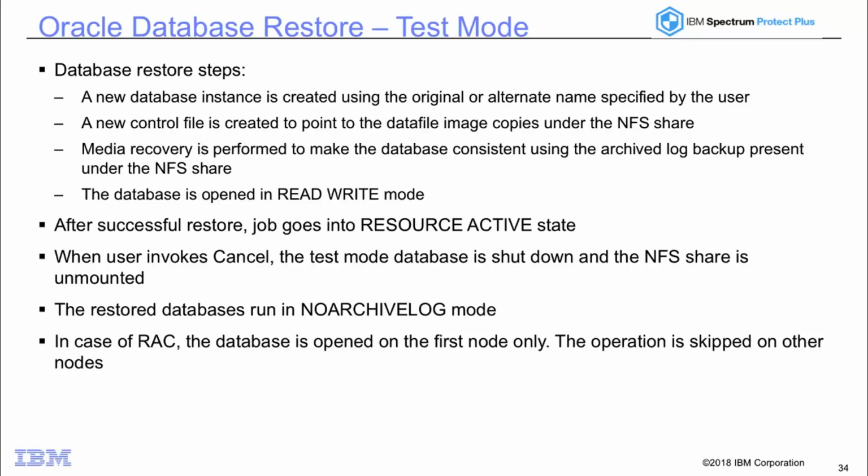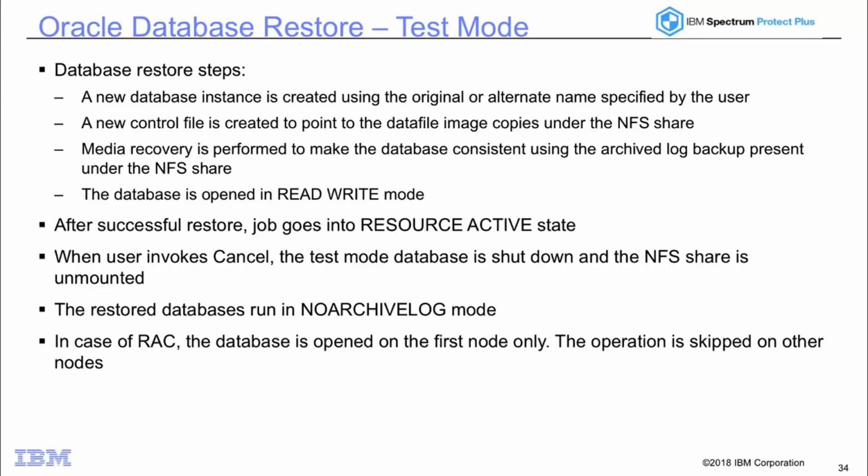So some details on the two modes of restoration. First, Oracle Database Restore in test mode. In test mode, a new database instance is going to be created using the original or alternate name specified by the user.